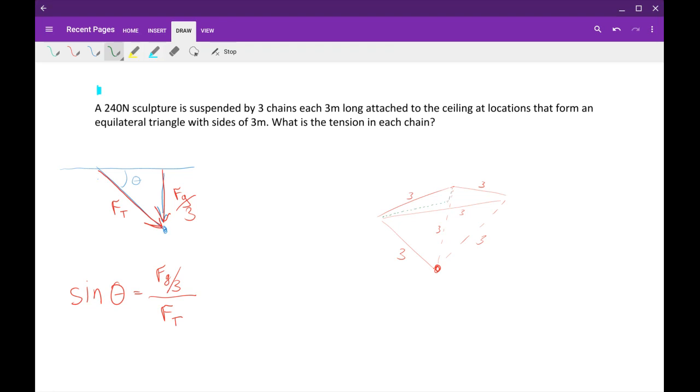This is the center of that upper triangle, essentially right above the sculpture. This angle here is the angle we need, so we're going to have to do a bit of geometry to figure that out.